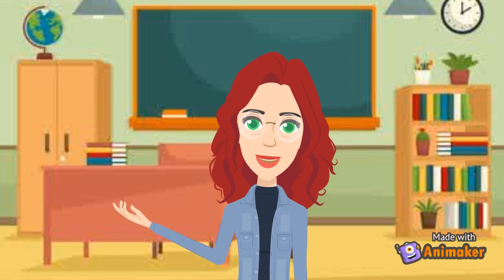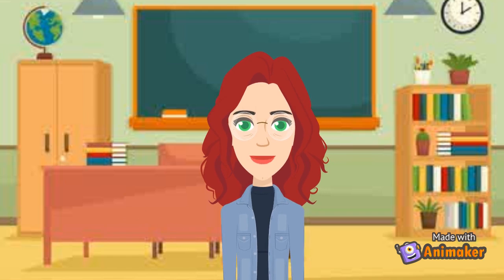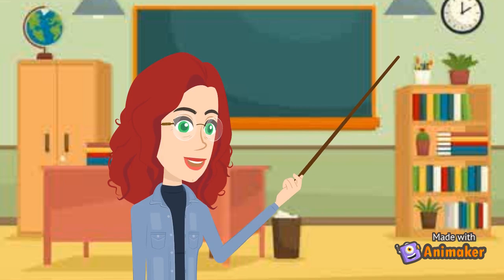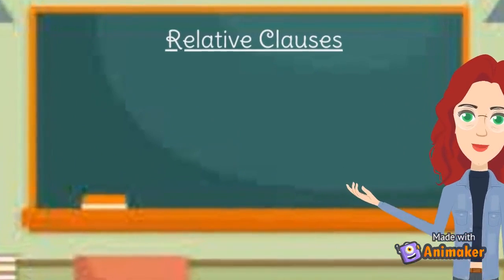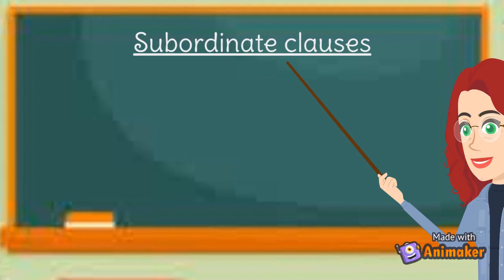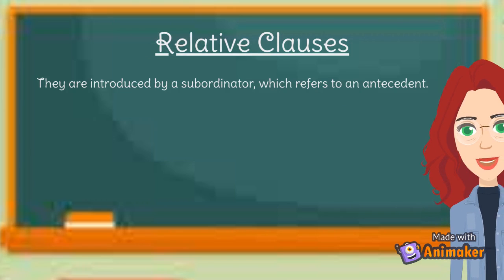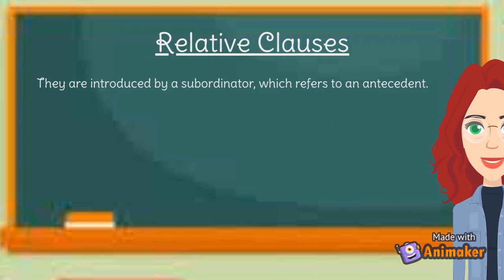Now that we have finished our analysis of noun clauses in complex sentences, let's start with the analysis of relative clauses. But before we continue, let's review a little bit about relative clauses. They are subordinate clauses, also known as adjective clauses, that are introduced by a subordinator, which refers to an antecedent.